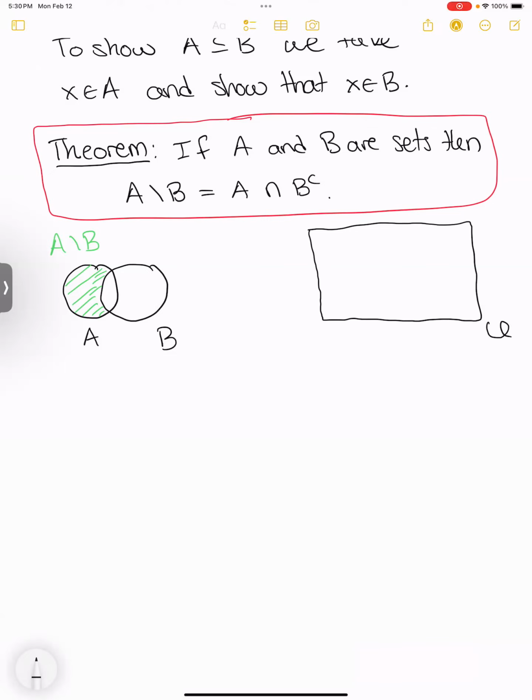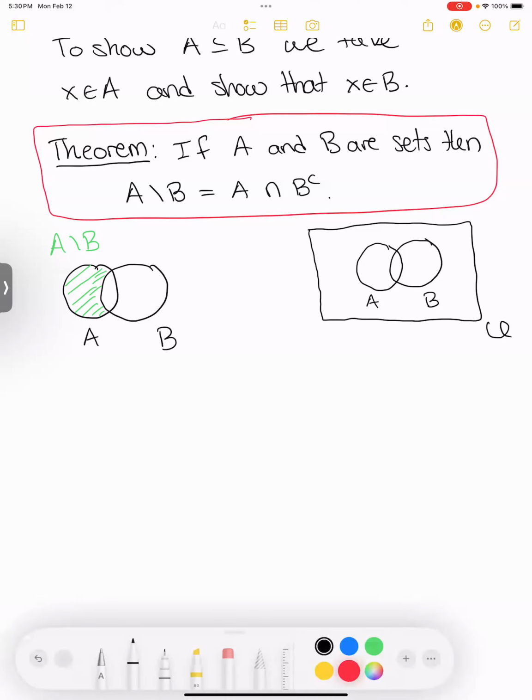I'm drawing it as a rectangle, but it could be the entire XY plane, or it could be anything. This is just a diagram to depict the idea, but you don't want to get too handcuffed to what's going on here. But anyway, so now I again take A and B, and of course we know what A is, right?